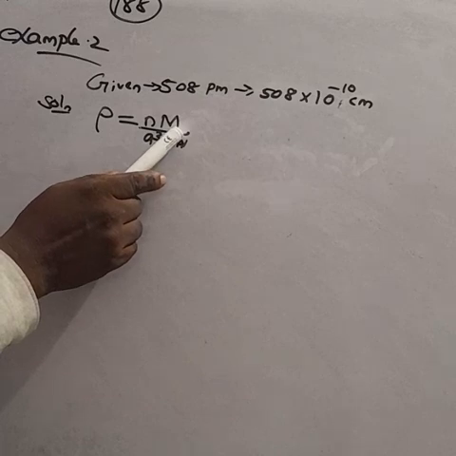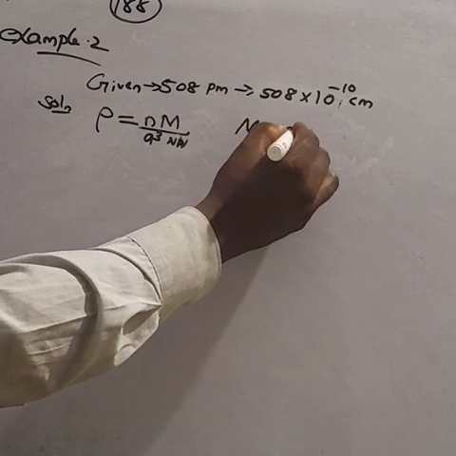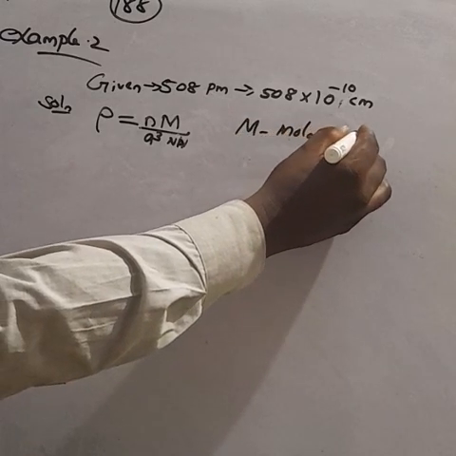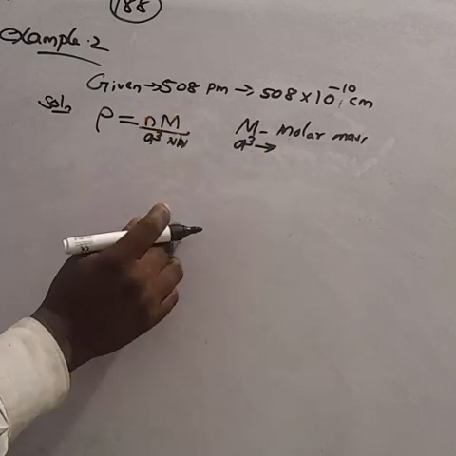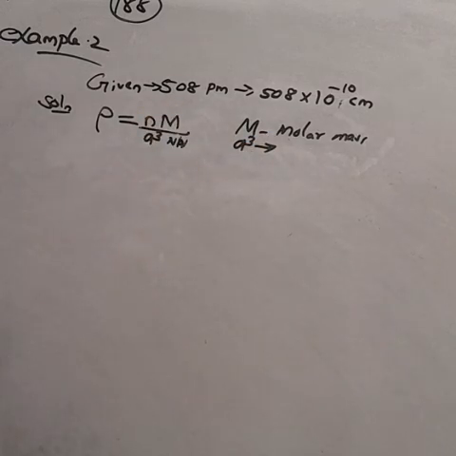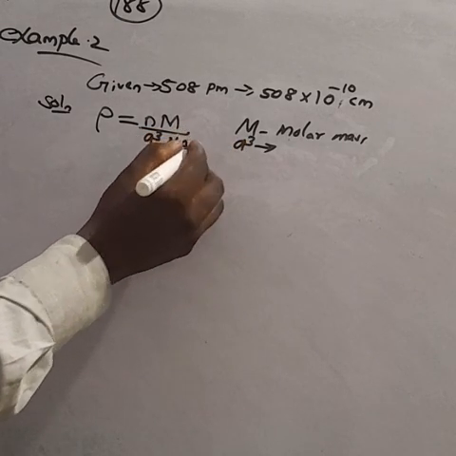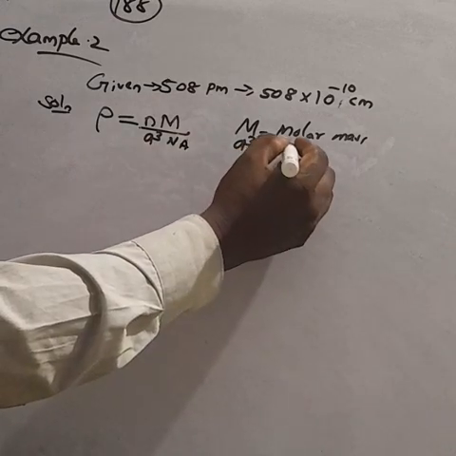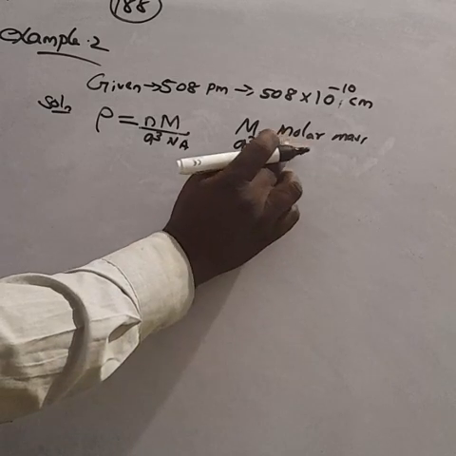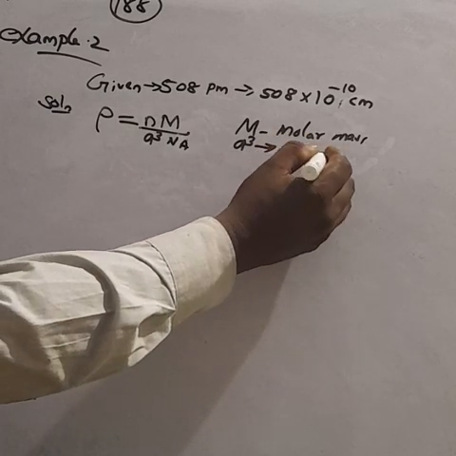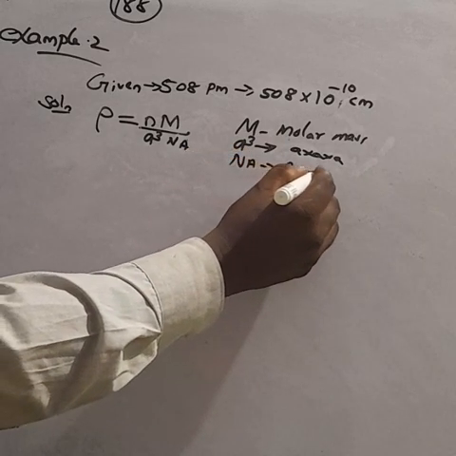M means the molar mass of barium. a cube means the edge cubed: a into a into a, am I right? That is the edge length. Na means the Avogadro number.